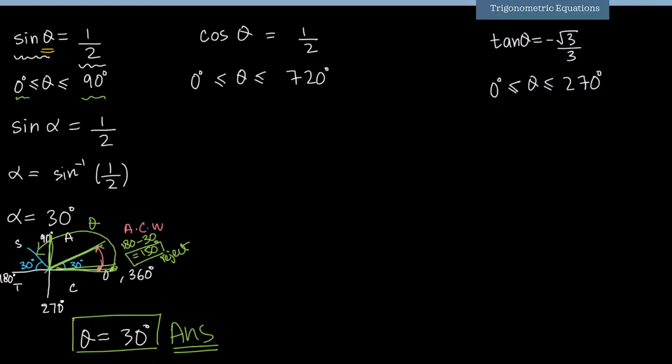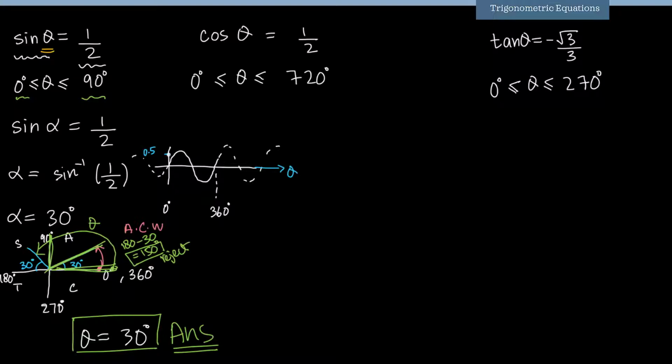Another way to look at this is that if I draw my graph of the sine function, which looks like this, this is the graph of the sine function from 0 degrees up to 360 degrees. But this graph continues on forever, and it also continues on in the negative axis. And this is my value of 0.5, let's say, over here. And over here I needed to find the values of theta. Theta is on the x-axis.